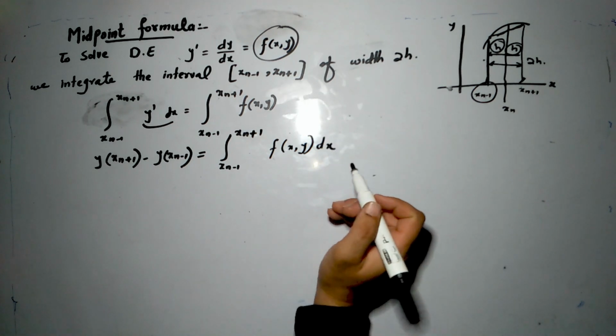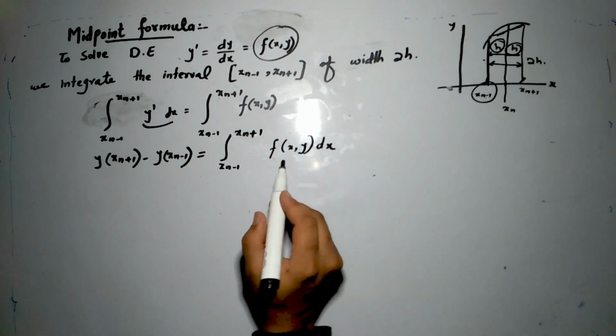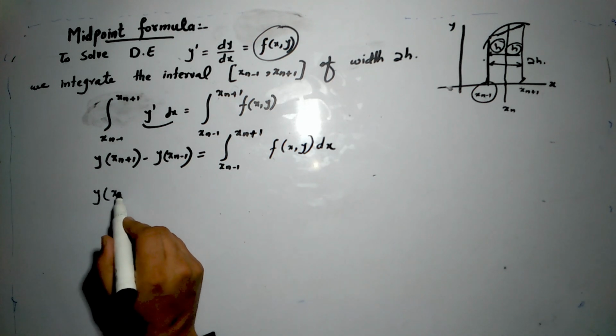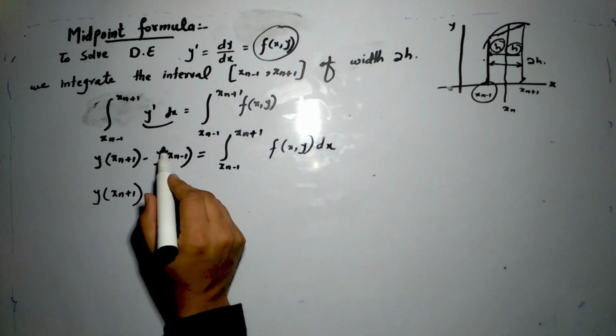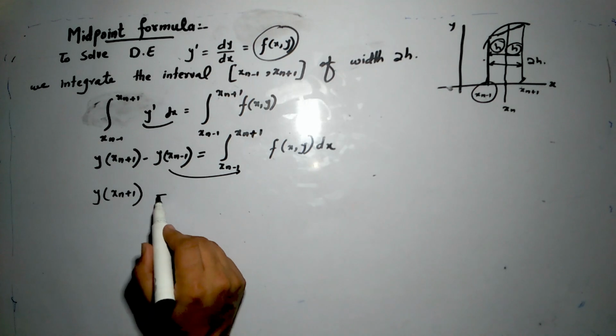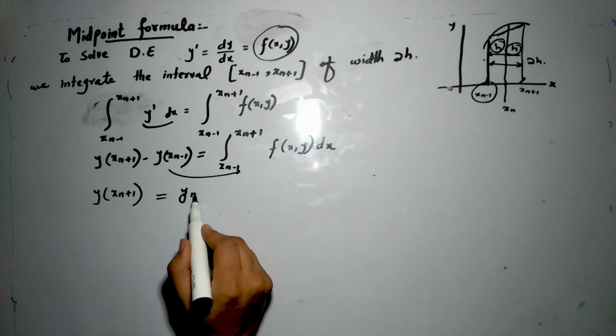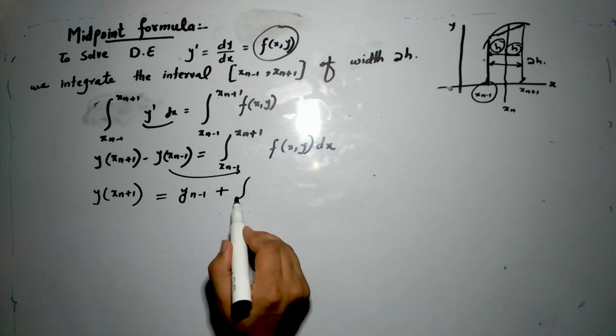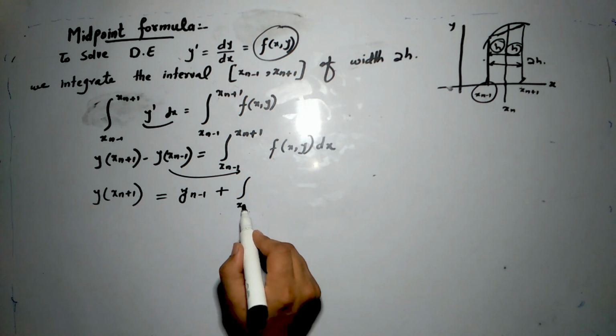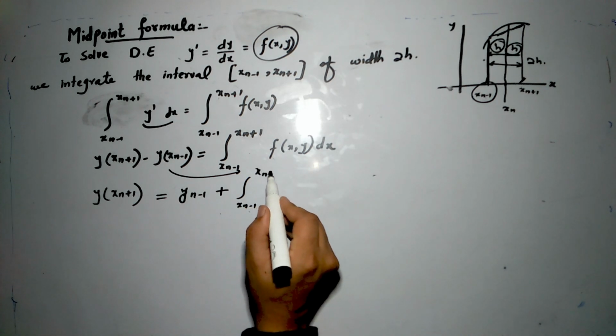So this can also be written as y of xn plus 1 is equal to y of xn minus 1 plus the integration from xn minus 1 to xn plus 1 of f of x y dx.